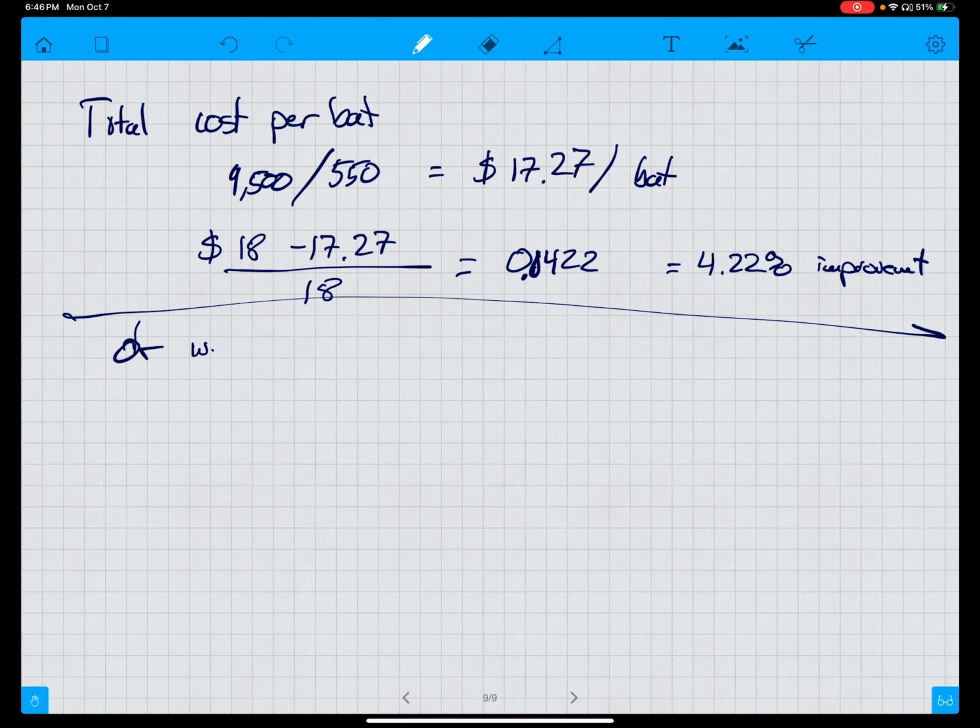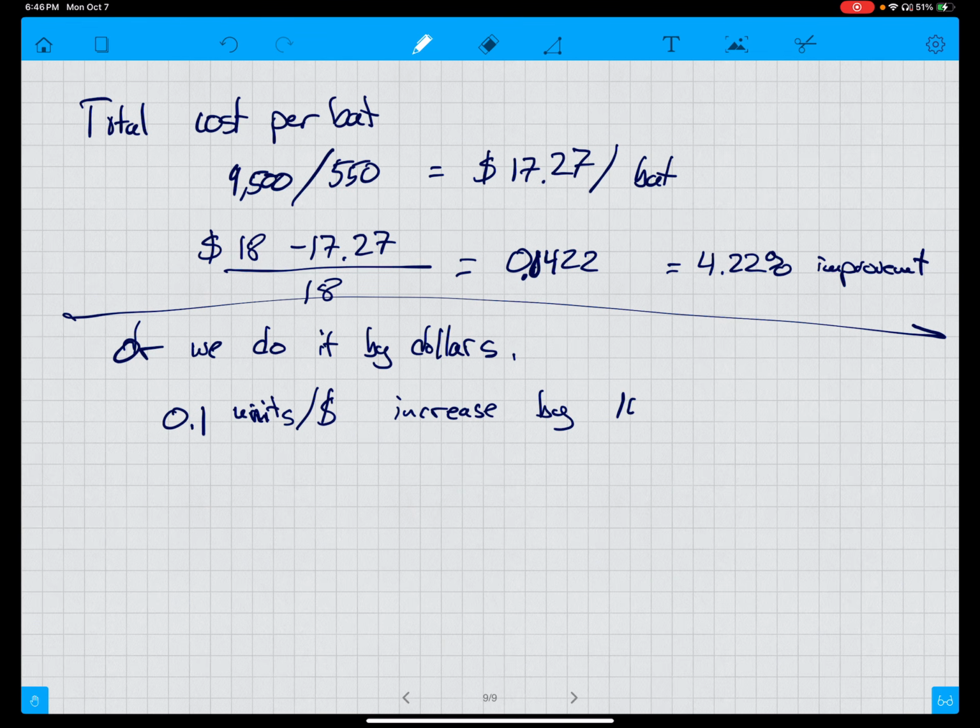Alternatively, we do it by dollars. 0.1 units per dollar, increased by 10%, is 0.11. 0.11 equals x over 200 times 26, so x is equal to 572. So in this case, we can make 572 bats.